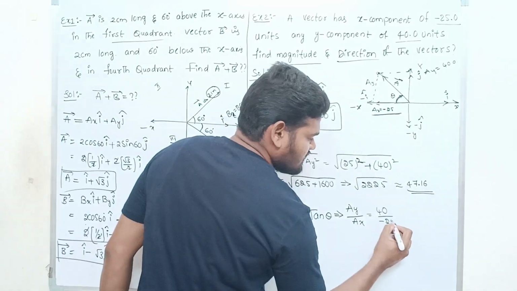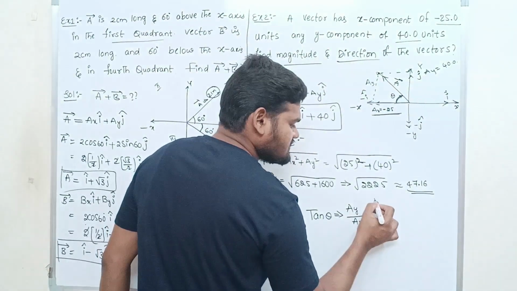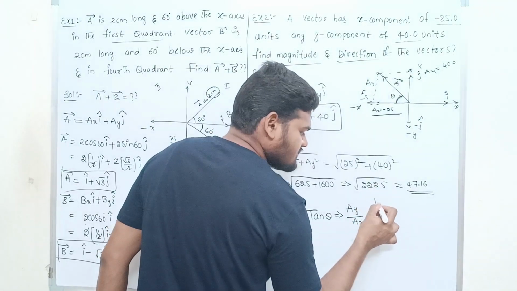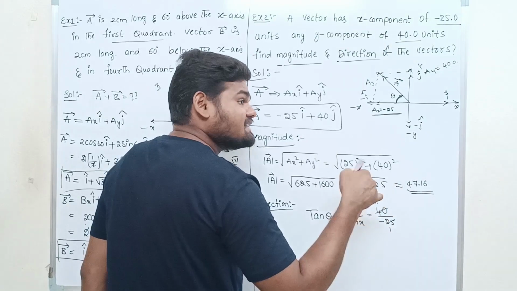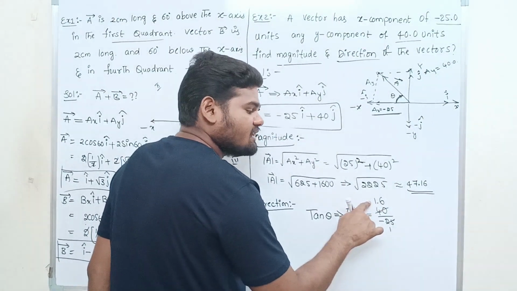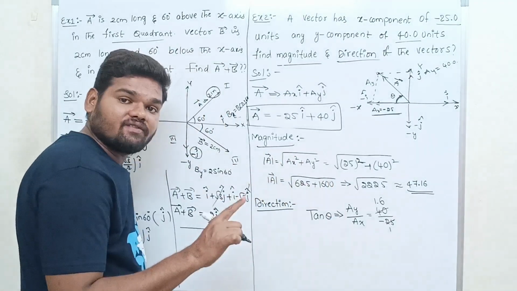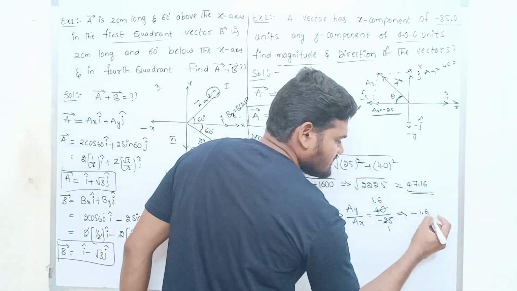Minus 25. Okay, so 25 ones are 25, 15 remains, pointer 0, 150. 25 sixes are 150. So this equals minus 1.6.